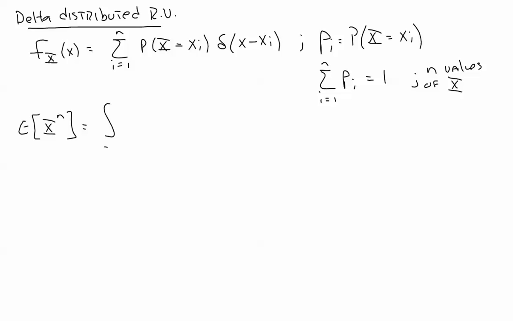This is the integral from minus infinity to plus infinity of x to the n times my probability density function. And this equals integral from minus infinity to plus infinity of x raised to the nth power times my summation probability density function.